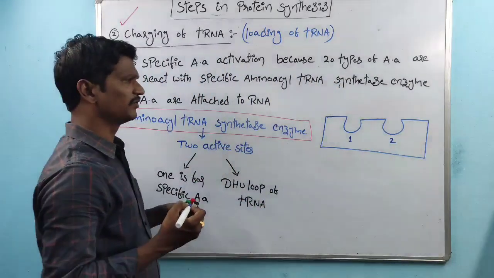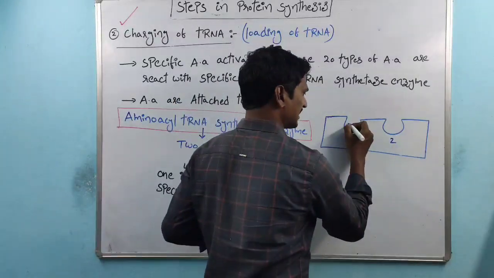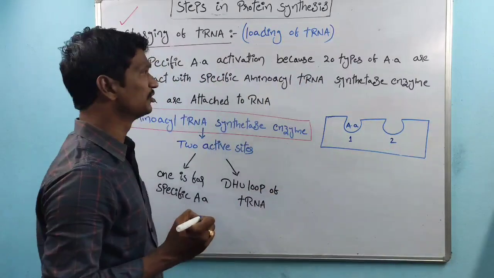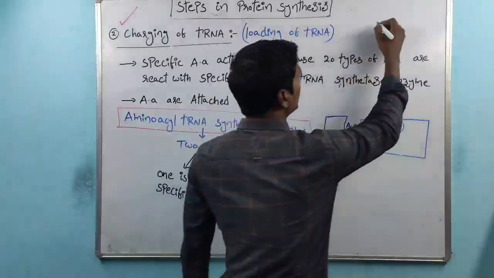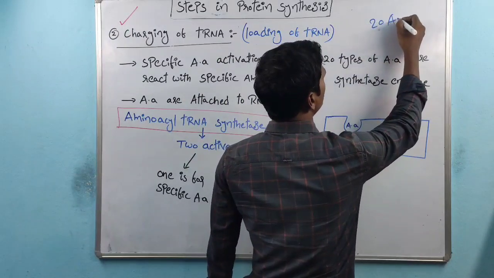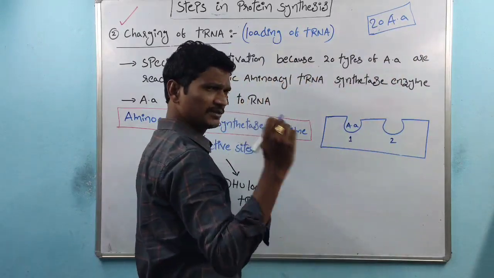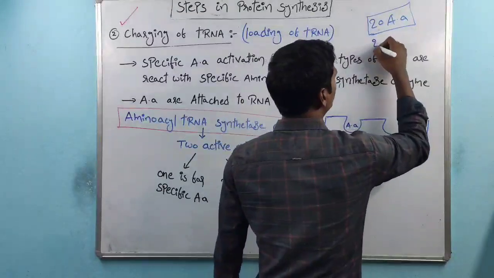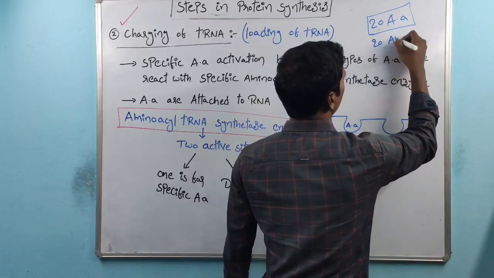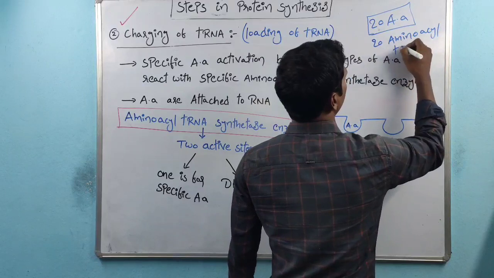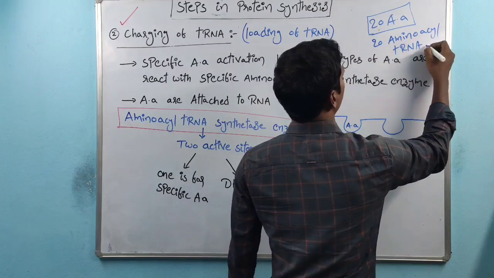In active site 1, a specific amino acid is attached. Generally we know in a cell 20 types of amino acids are present. In the same manner, in a cell 20 types of amino acid tRNA synthetase enzymes are present.